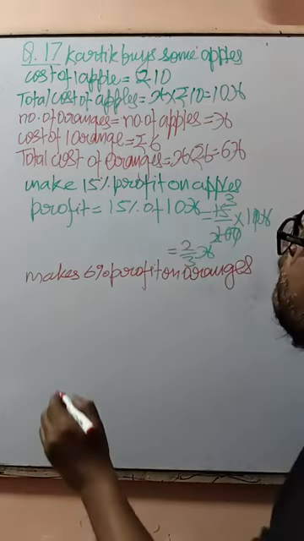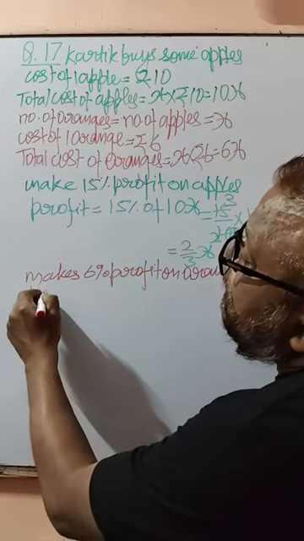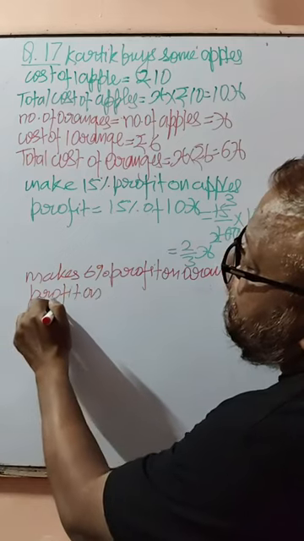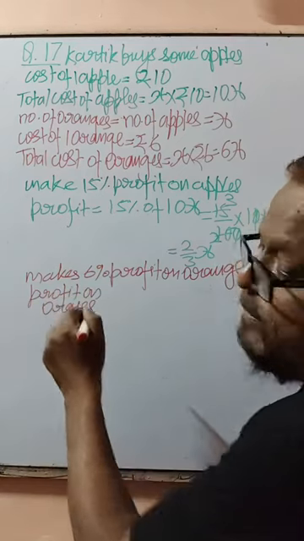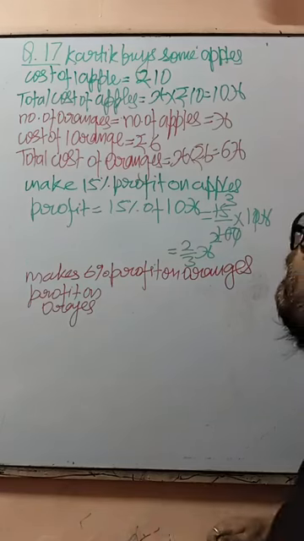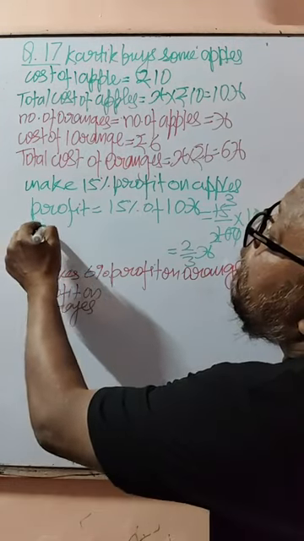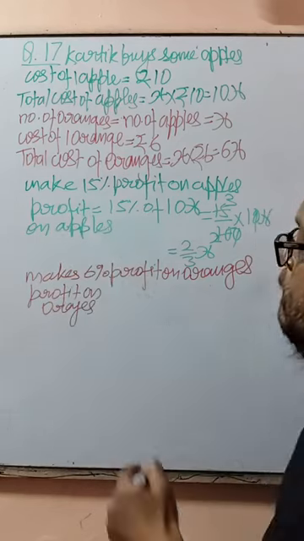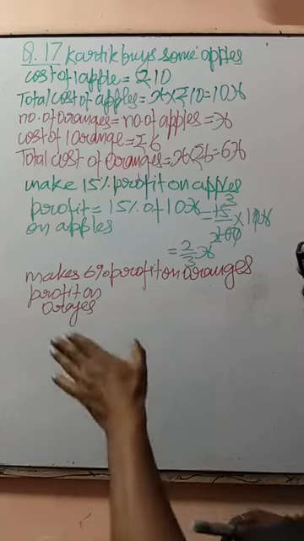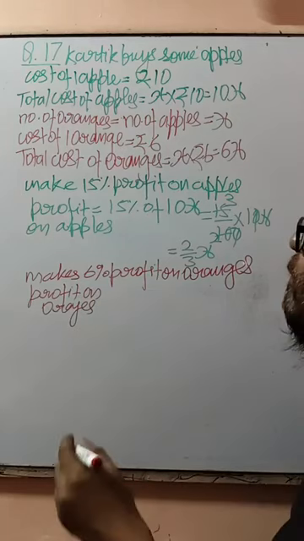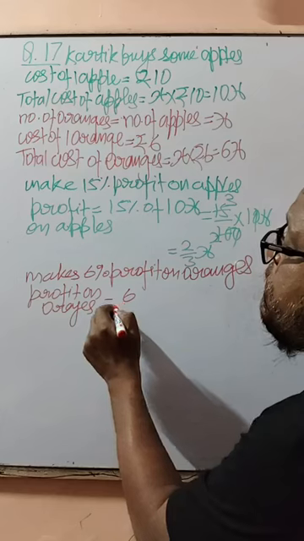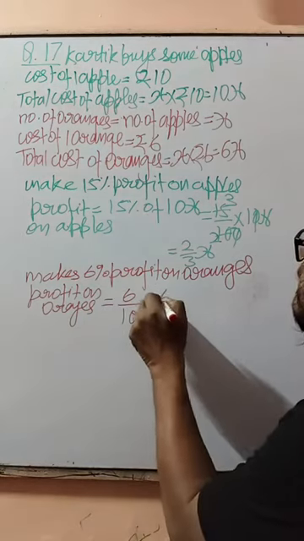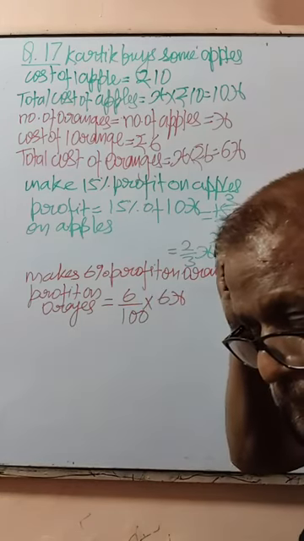So the profit on oranges is equal to 6 upon 100 into 6x.